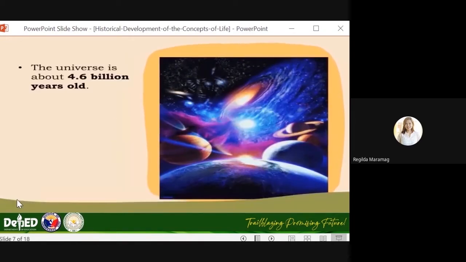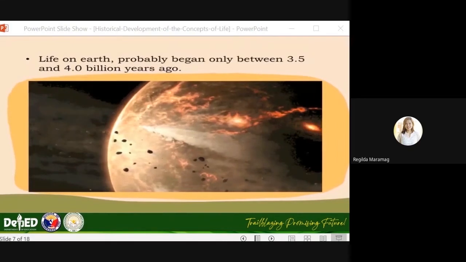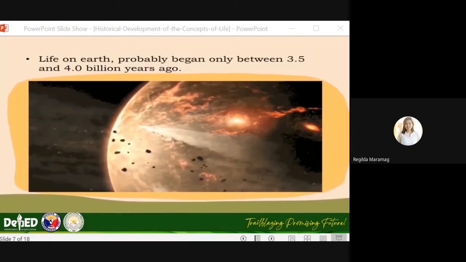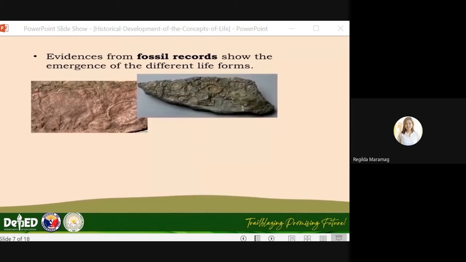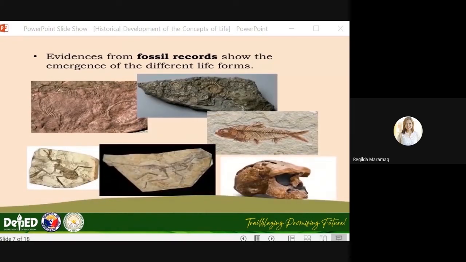The universe is about 4.6 billion years old. Life on Earth probably began only between 3.5 and 4.0 billion years ago. Evidences from fossil records show the emergence of different life forms.